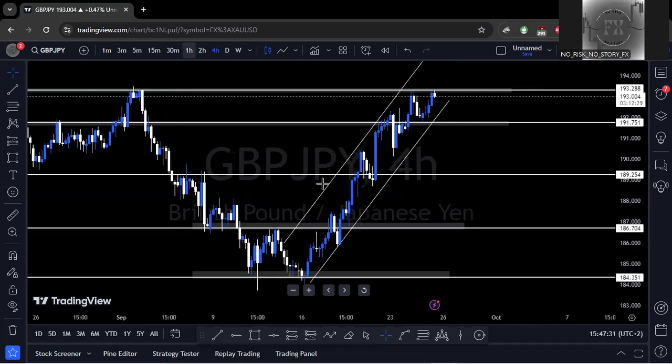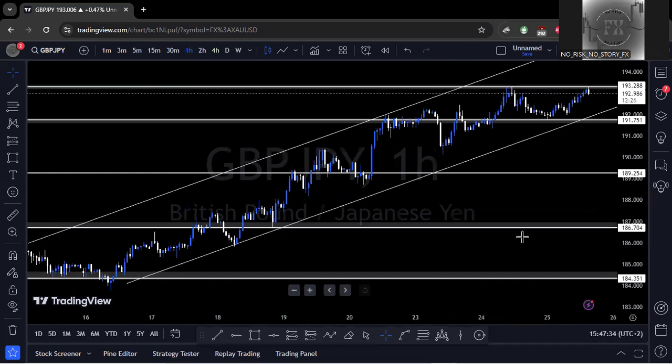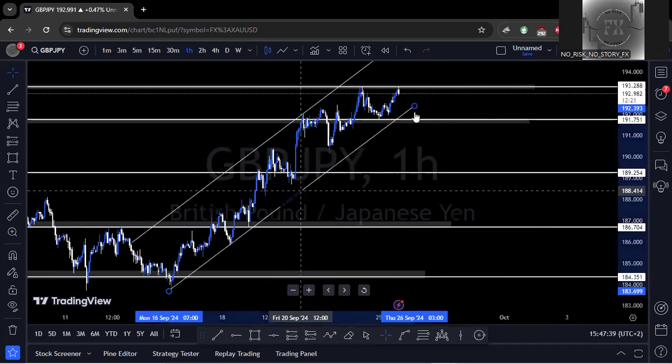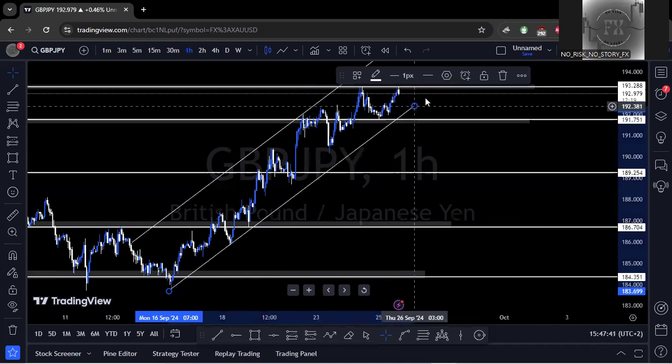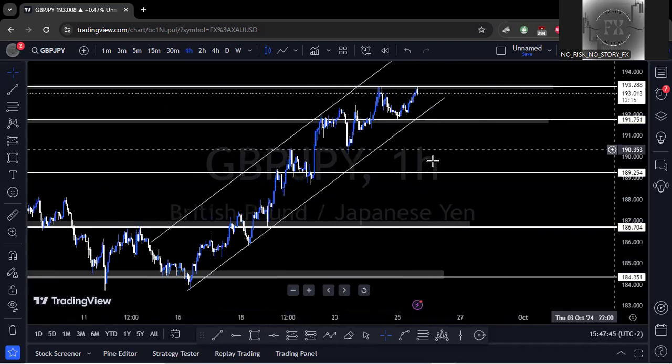And then I would like to go to my 1 hour time frame so that I can see the areas where I could potentially enter this market, right?